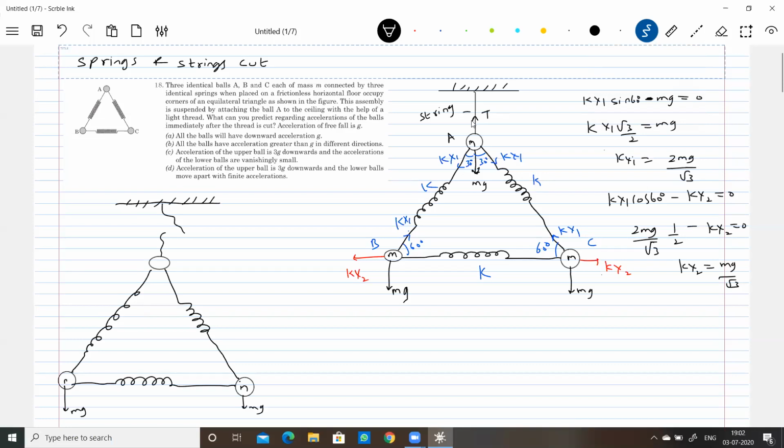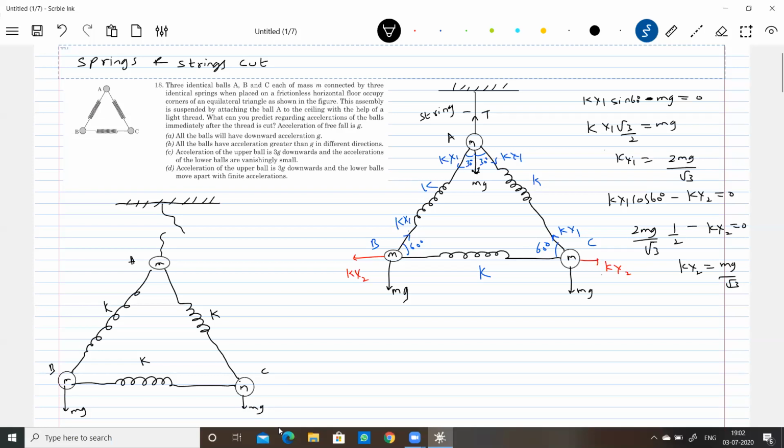This is block B, this is C, this is A. Sudden change in spring force. Anything can happen. No, sir. So what shall I do now?